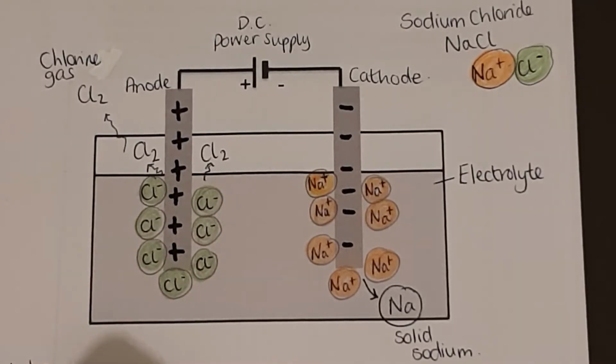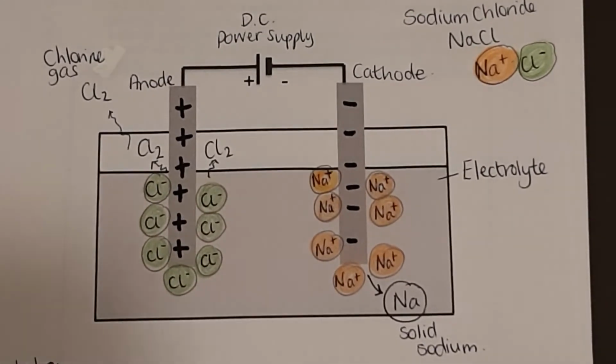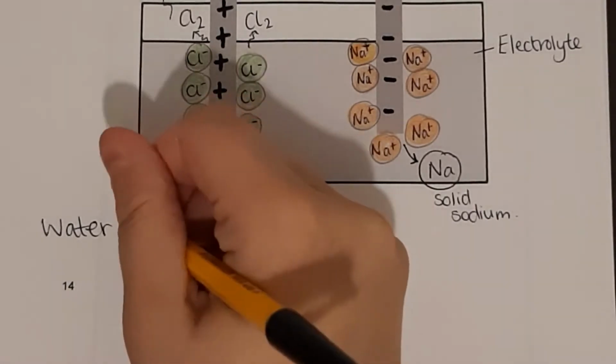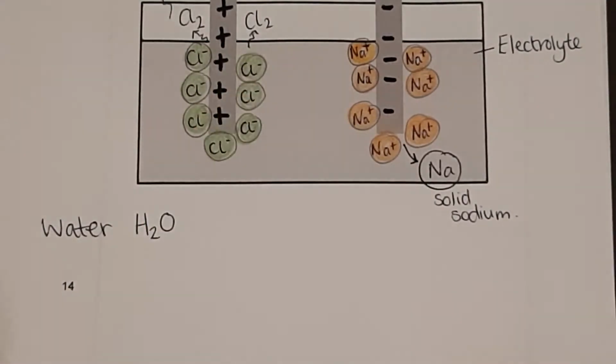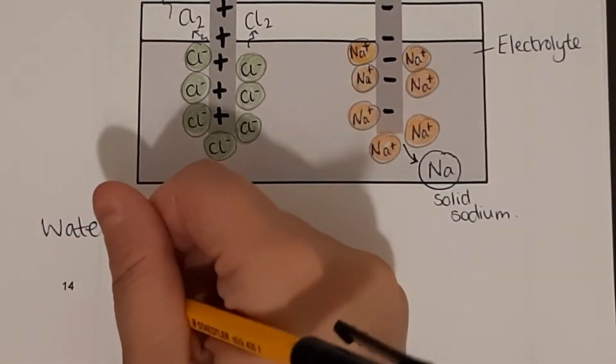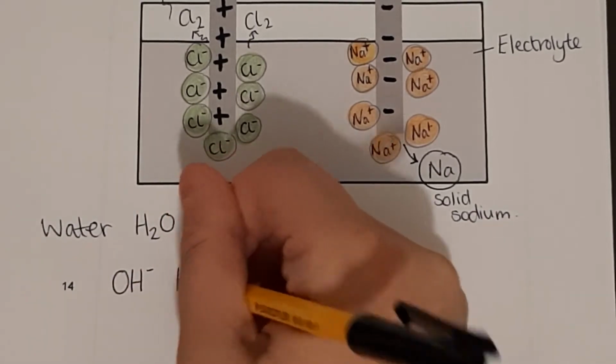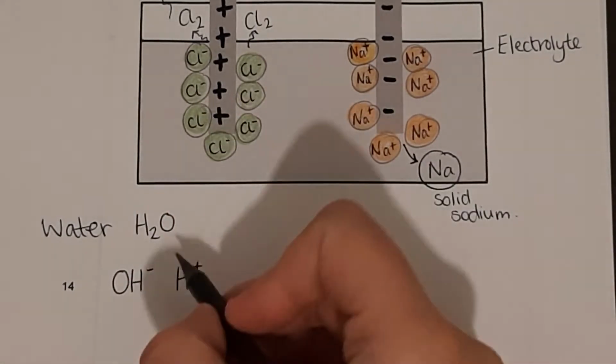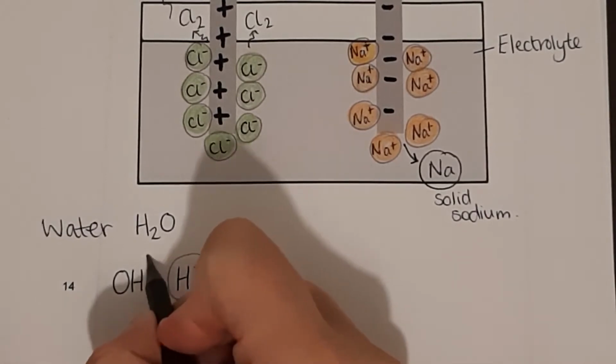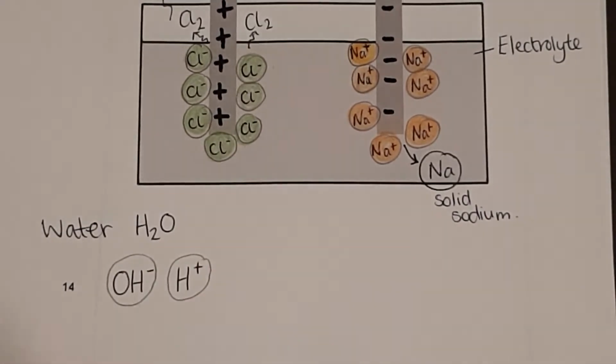Water, H2O, when converted into its ions, will form OH- and H+ as two separate ions. And they too will be attracted to the anode and cathode respectively. So let's draw that on as well.